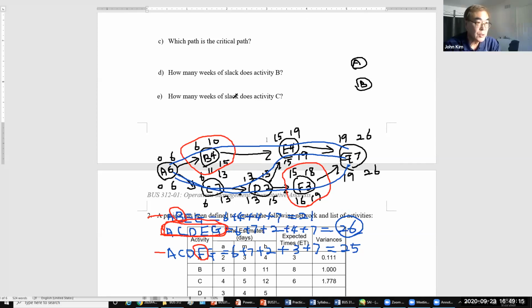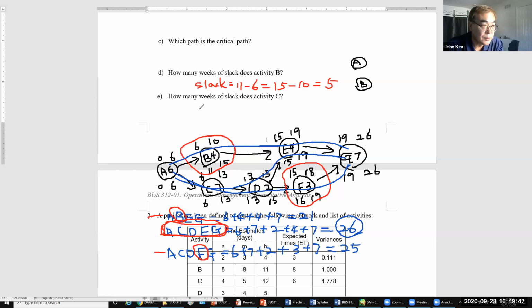So question D, this one, activity B, so slack equals 11 minus 6, or 15 minus 10, of course, 5 weeks of slack.